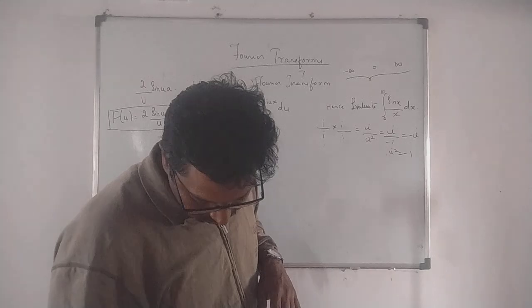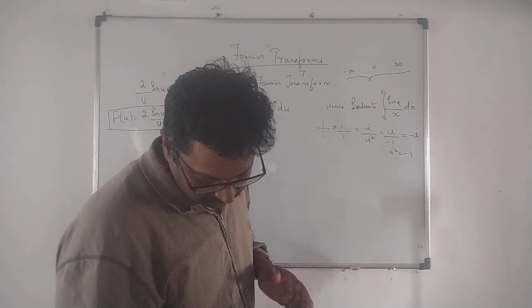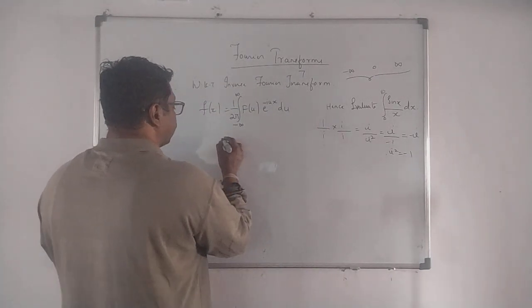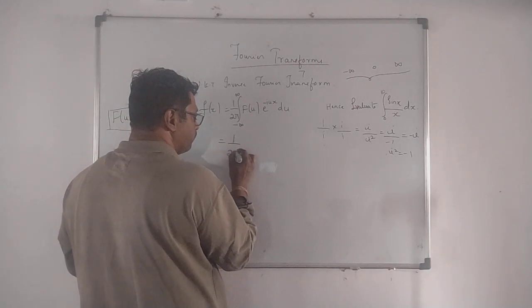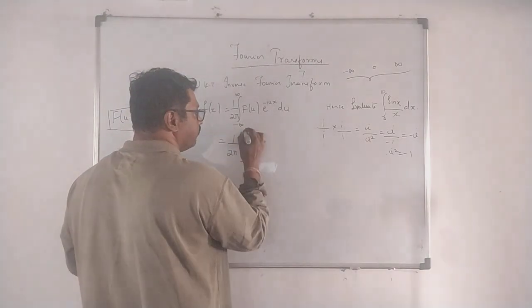For that, we will write f of x as 1 by 2 pi, integral from minus infinity to infinity.